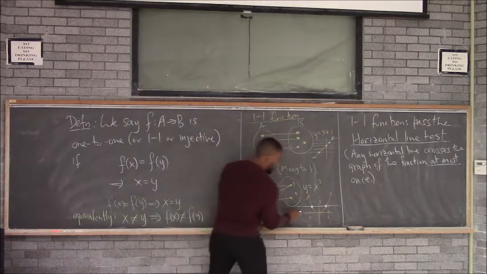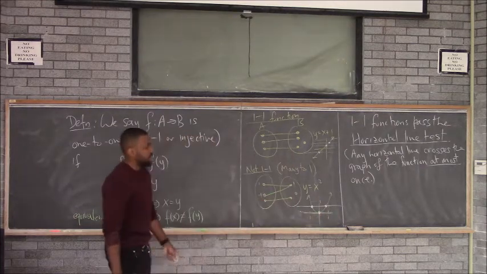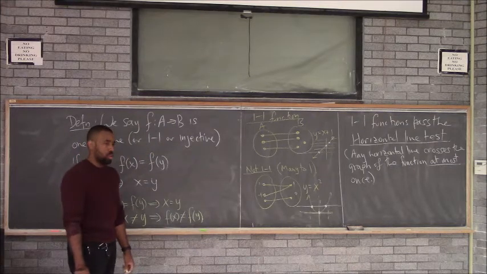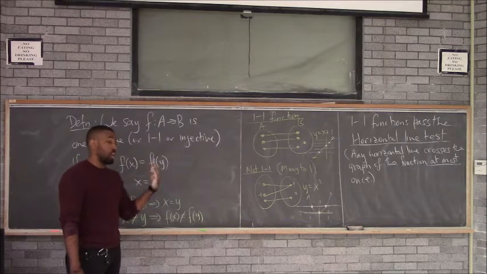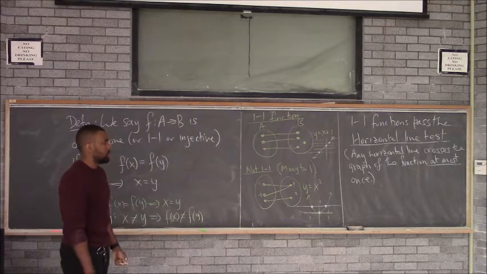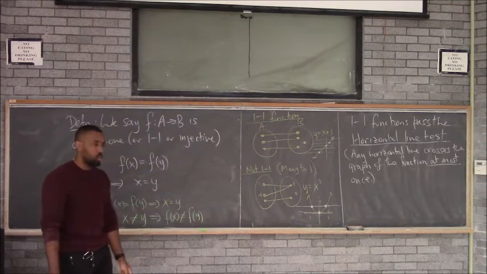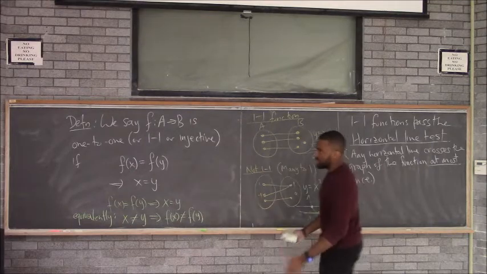I could also draw a horizontal line that touches in one spot, that might be like this guy right here. But the fact that there exists some line that will touch it more than once means it's not one-to-one. Functions in general all pass the vertical line test, but there's a special type of function that also passes the horizontal line test. We call these functions one-to-one or injective.